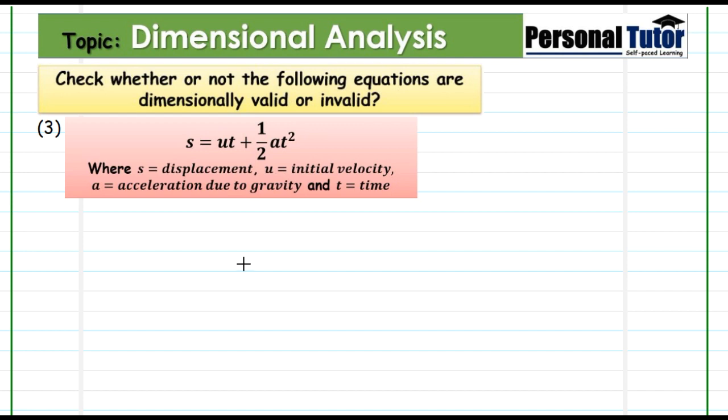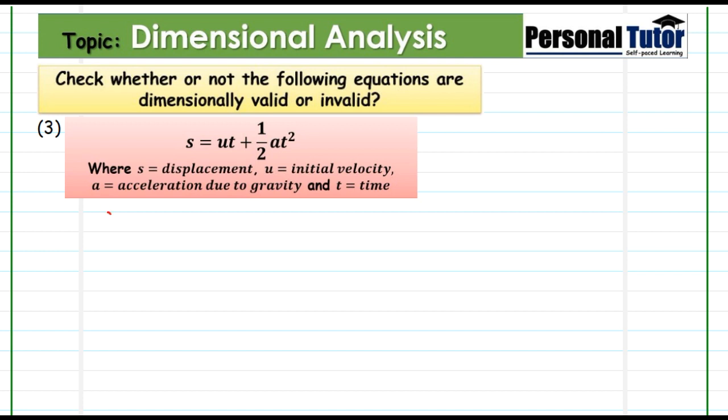Now, question number 3. S equals ut plus half at squared, where the S is equal to displacement, u initial velocity, a acceleration due to gravity, and t time. Great.